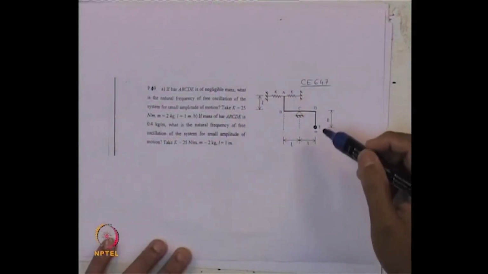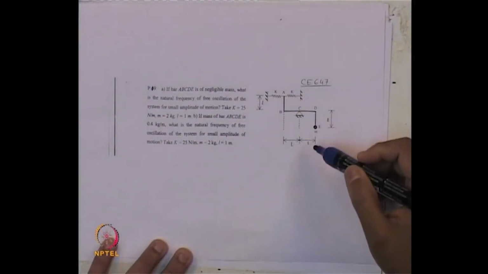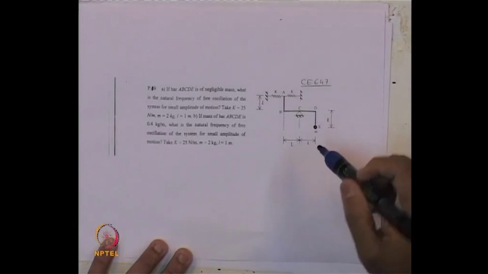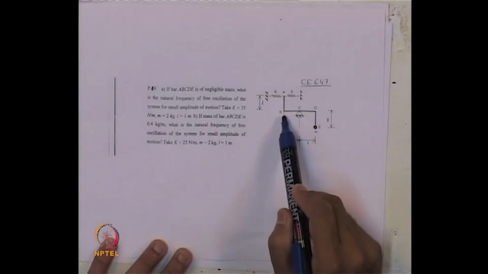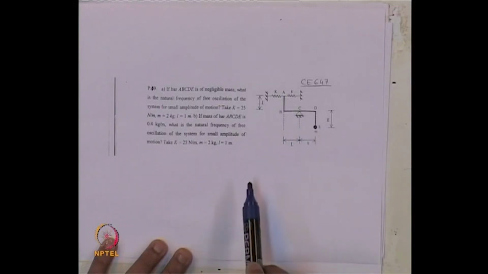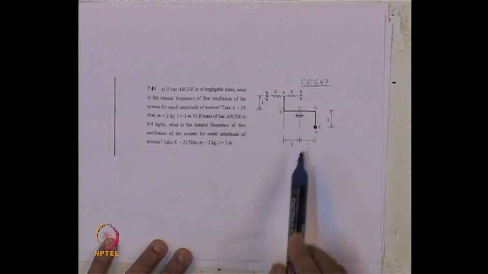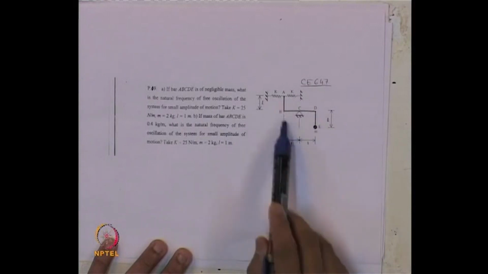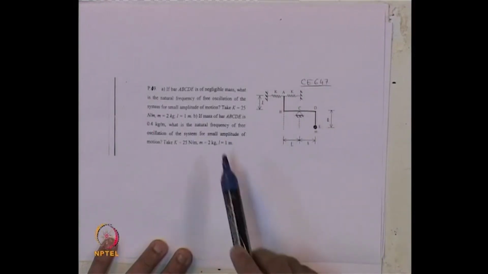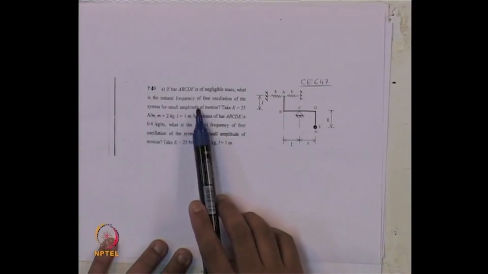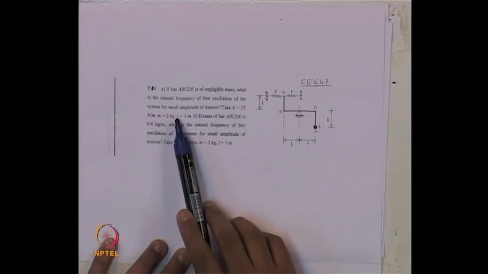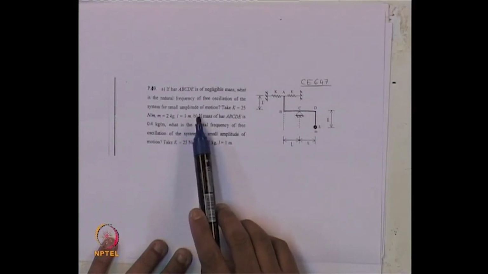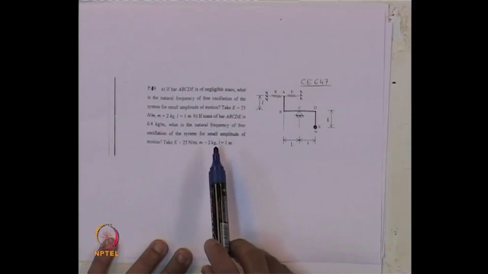So, let us look at the problem. This is the picture. It says that if this bar A, B, C, D, E is of negligible mass, that is, no need to consider the mass of this bar, what is the natural frequency of free oscillation of the system for a small amplitude of motion?